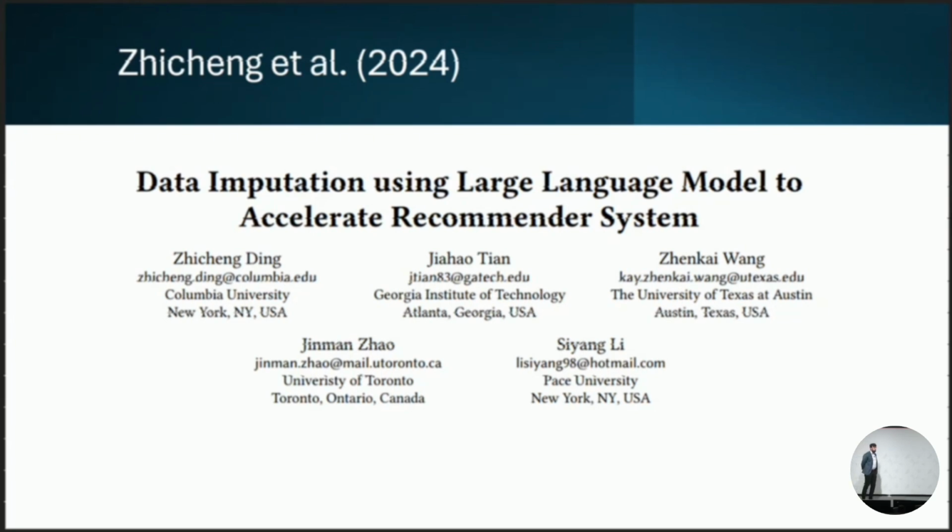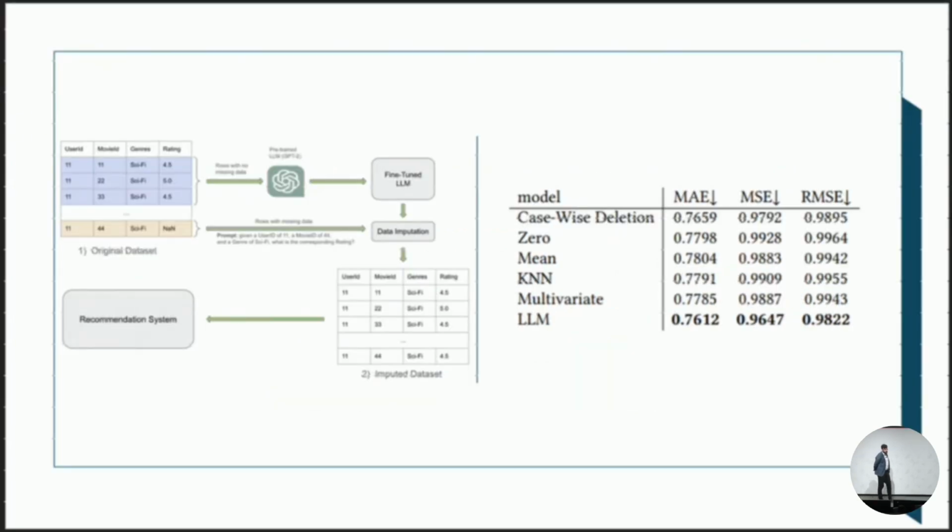What the team does is take a pretty common data set, one you have probably seen if the engineers and analysts in the audience are familiar with Kaggle. It's the MovieLens data set, used quite often.